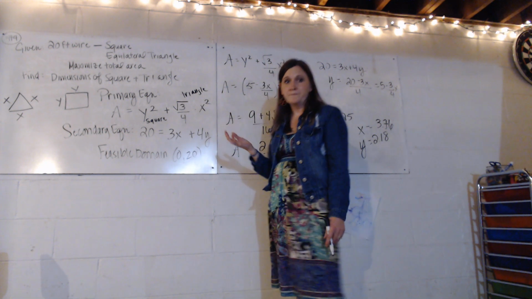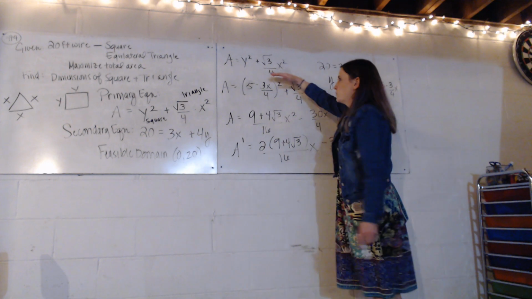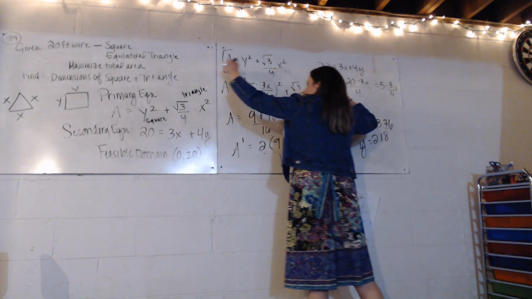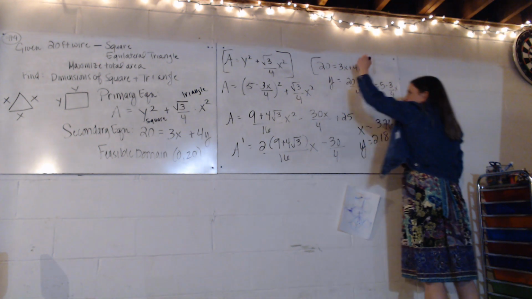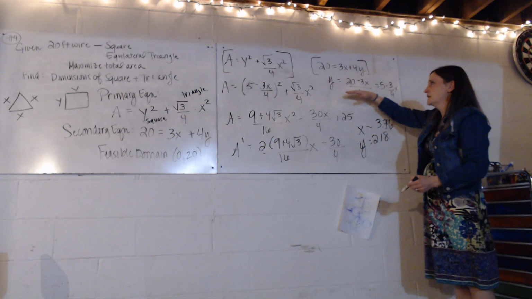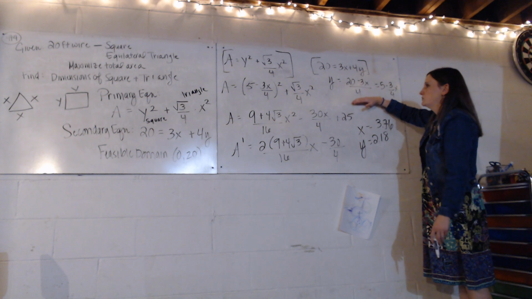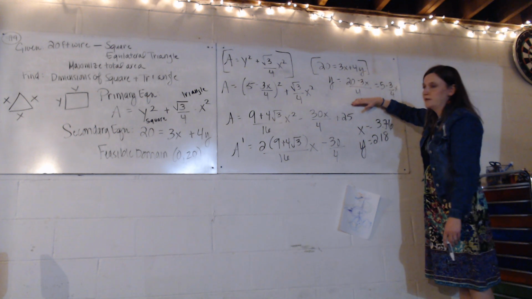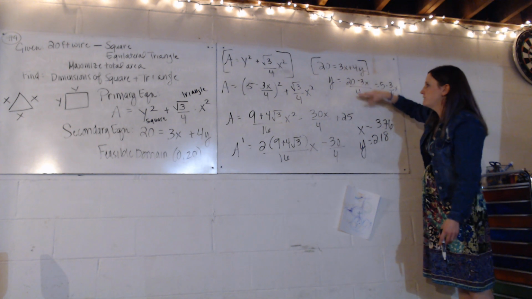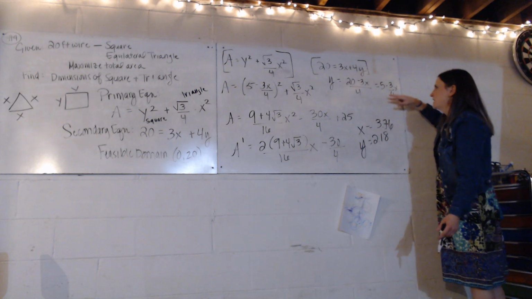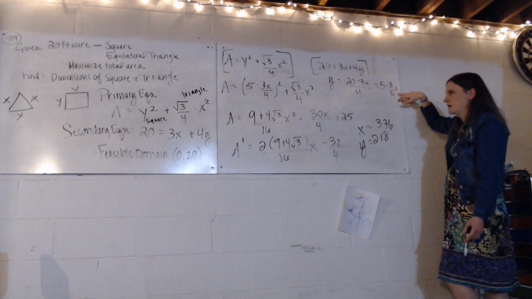Okay, so I take my primary equation, which is this one for area, and I go to my secondary equation and solve for one of my unknowns. I solved for y. So y is equal to (20 minus 3x) divided by 4, and I simplified that to be 5 minus 3/4 x.